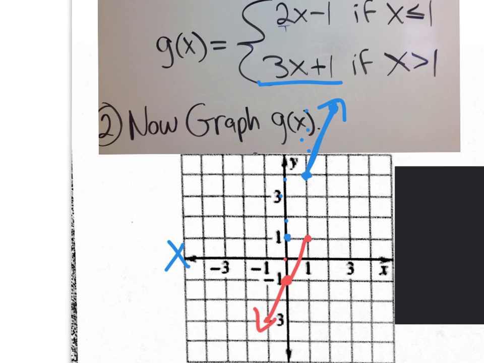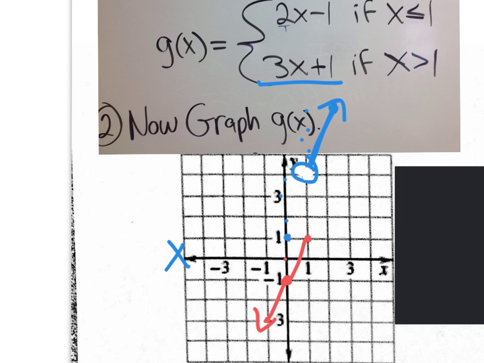Now this one does have x is greater than 1, not greater than or equal to, which would mean that this should be an open dot right here, even though I actually drew it solid. Let me see if I could fix that. There we go. So that's our graph. It's two pieces of linear functions, right? Two pieces of a line.